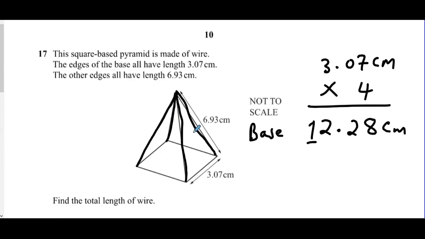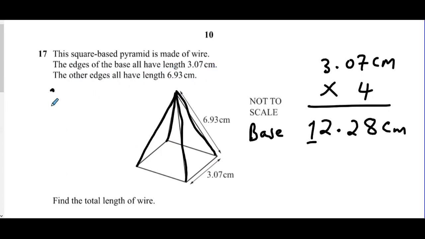How many edges are there? 1, 2, 3, 4. So the other edges all have length 6.93 centimeters.